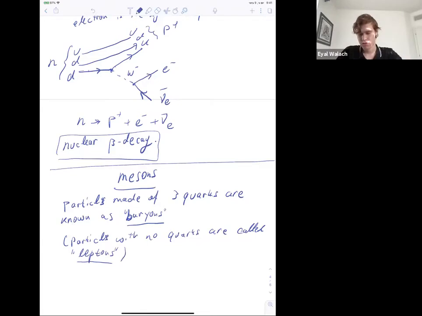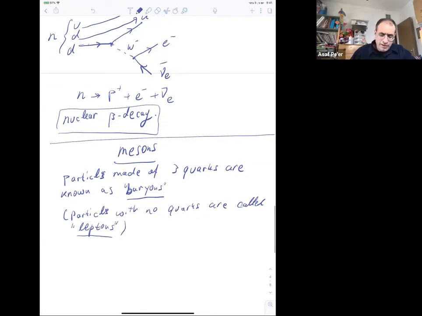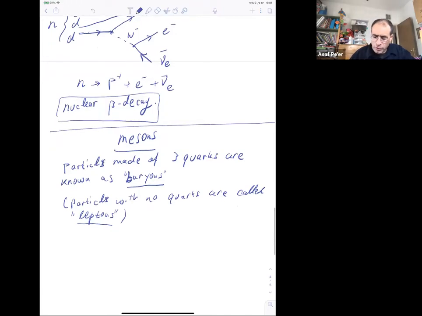And we can also have bound states of quarks made of 2 quarks. Particles made of 3 quarks are known as baryons. Particles that don't have quarks are called leptons. So we have particles that are made of bound states of a quark and antiquark.